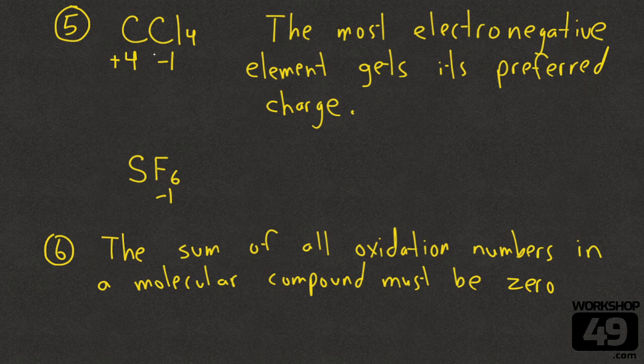That's the only way the sum can be 0. In our second example, sulfur hexafluoride, where the fluorine has -1 and there are 6 of them, the only way this can cancel out and become neutral at 0 is if the sulfur has an oxidation number of +6.